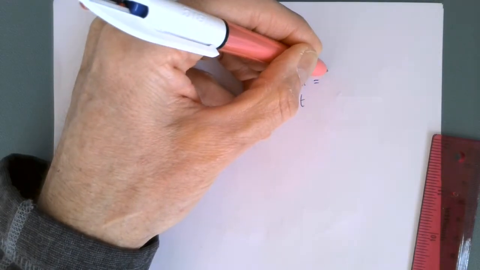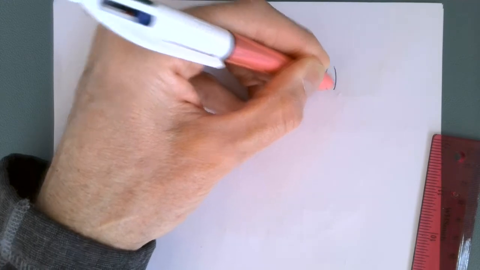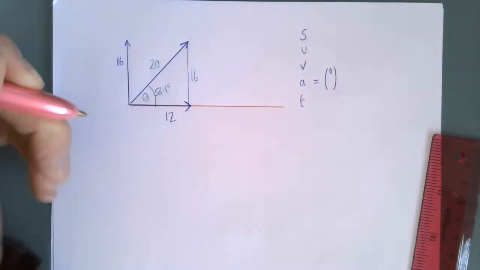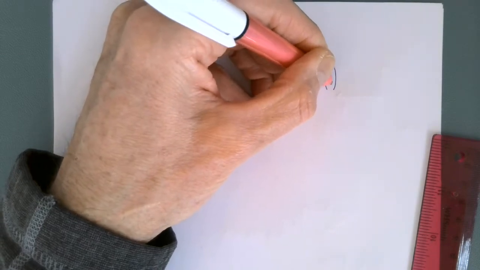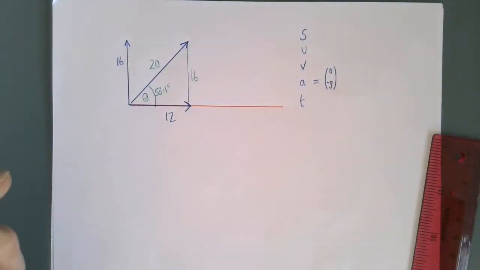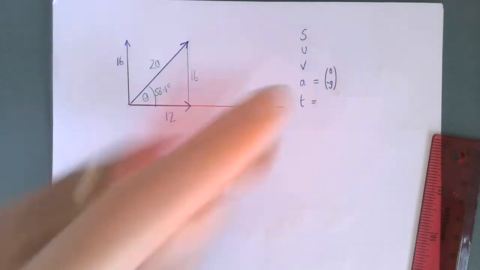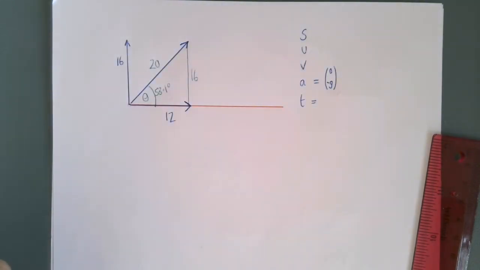So if we're using column notation, acceleration is 0 in the horizontal direction and minus 9.8, minus g, in the vertical direction. T is a scalar, T is just time, so it has no direction. Yeah, some of you will be saying, well, yes, you can have a time going forwards and backwards. No, T is just a scalar quantity.